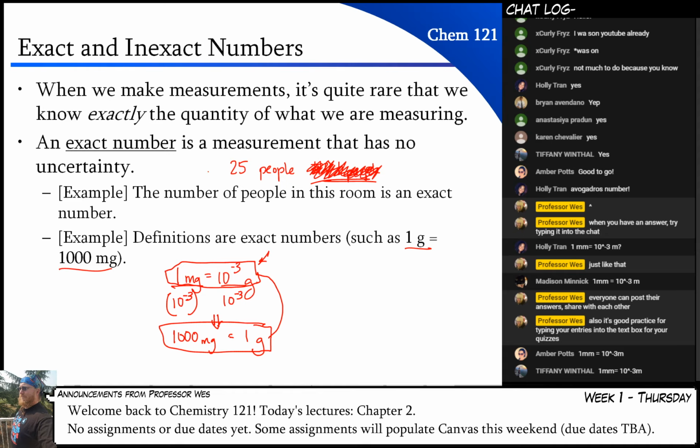So the only way that you can get an exact quantity is to either count or to define. So things that are exact must be one of these two quantities.